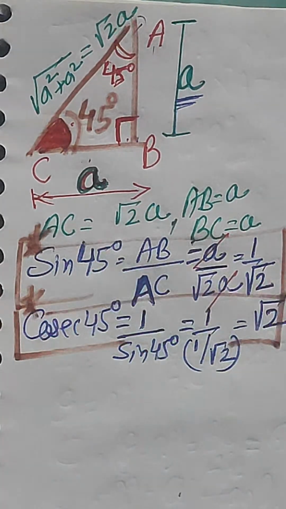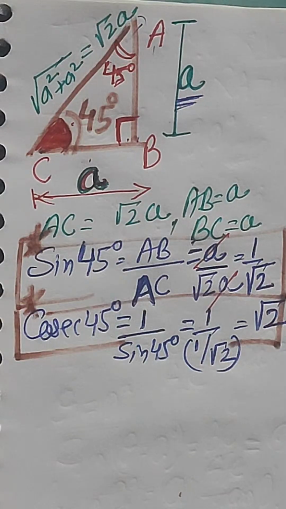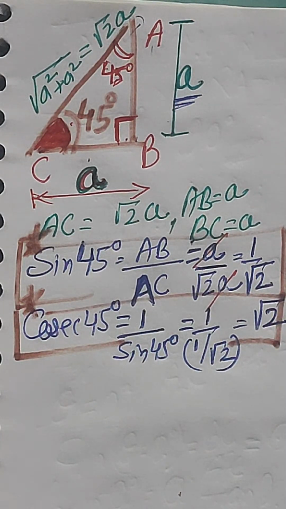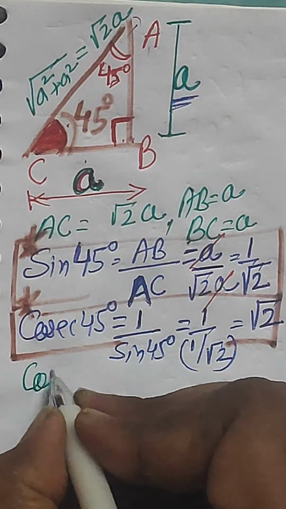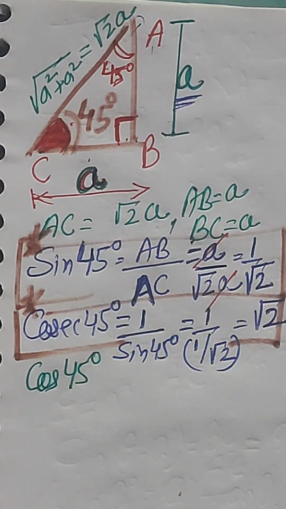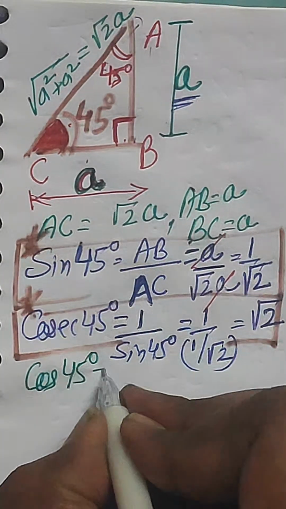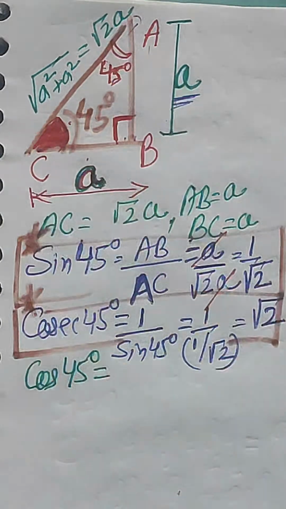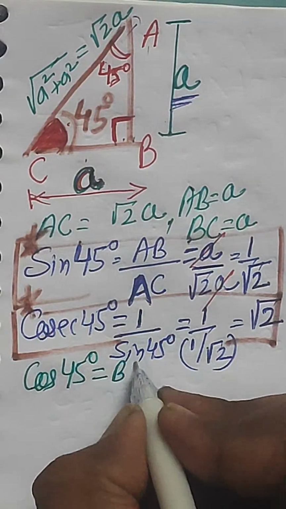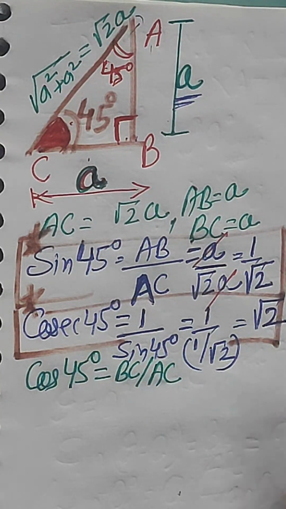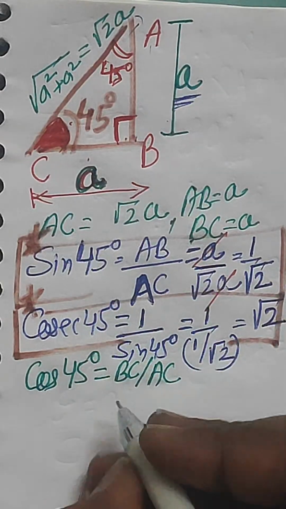Perfectly fine. We are going in the right direction. Now let us calculate the value of cos 45 and its reverse, that is sec 45. Cos 45 degree is nothing but BC by AC, isn't it? And what is the value of BC?